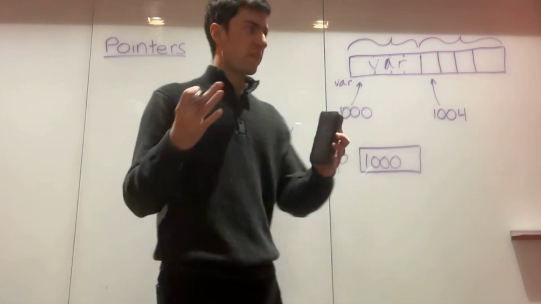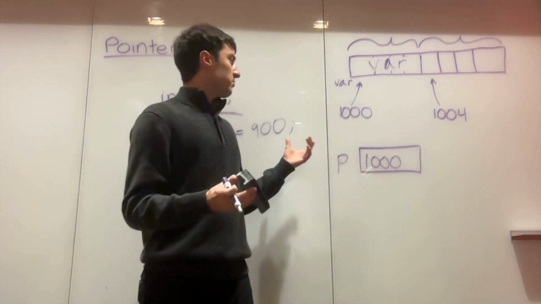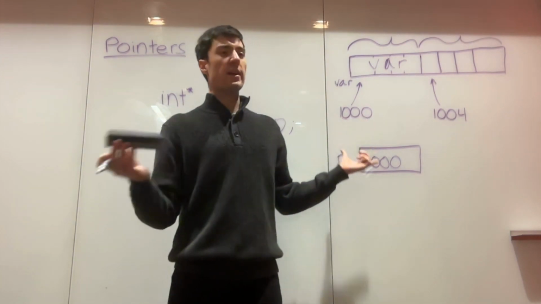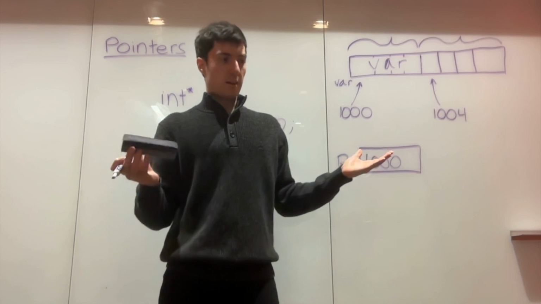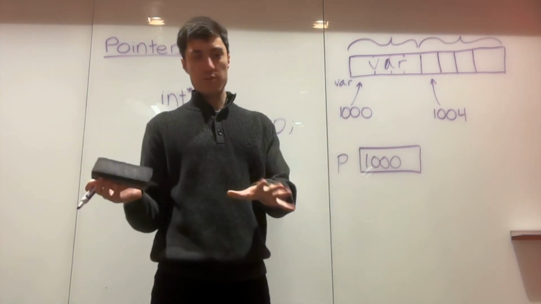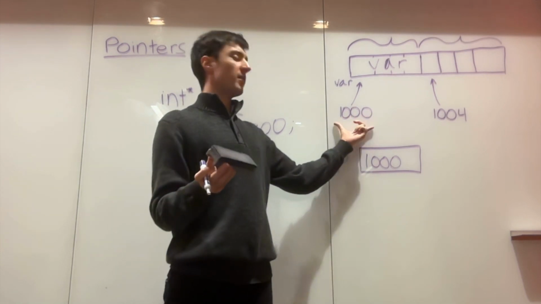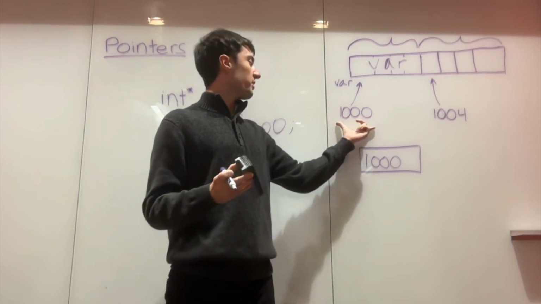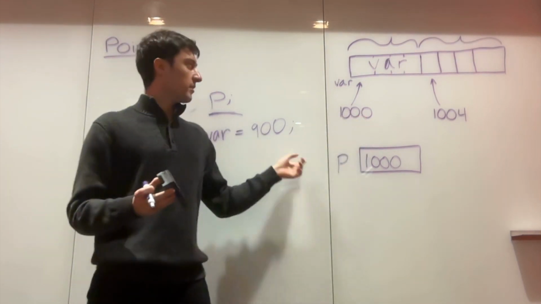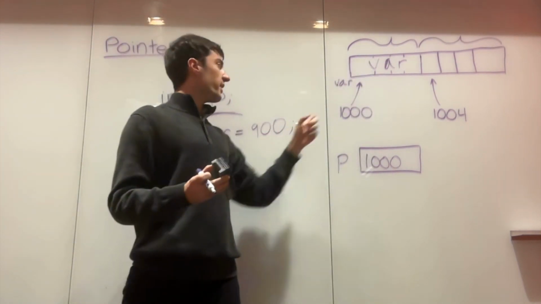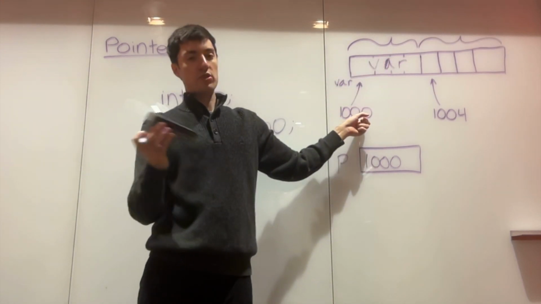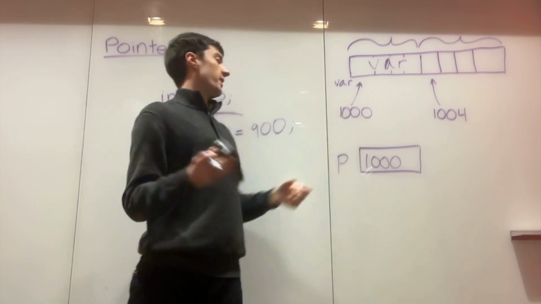And let's just say that the computer decided to assign it 1000. It's going to be some random number like 21,518, right? But for the sake of example, it's a lot easier just to say 1000. So during this, bam, it put this 900 in here, and it just lives at the address 1000.